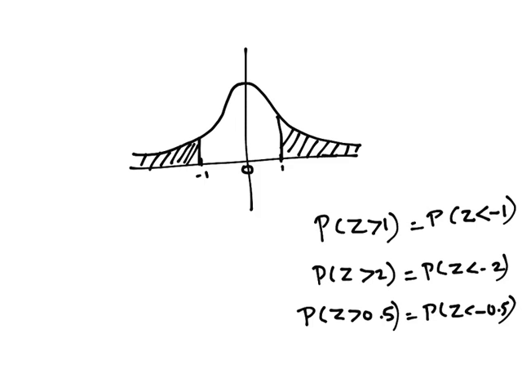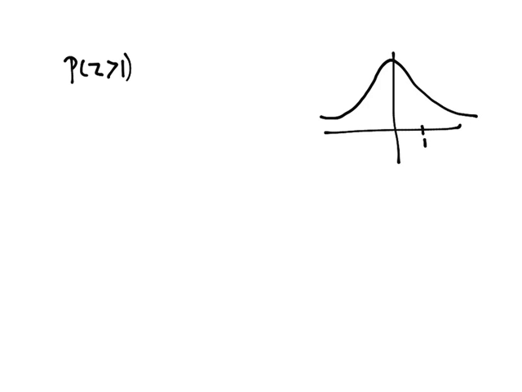Very, very simple. Now how do you find these probabilities using a calculator? Let's say I want to find p of z more than 1. If I draw this, this is the y-axis, x-axis, and this is the bell-shaped curve. 1 is here, so p of z more than 1 means I want this area.